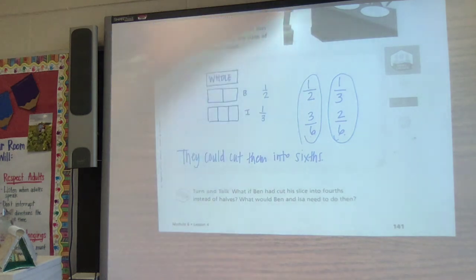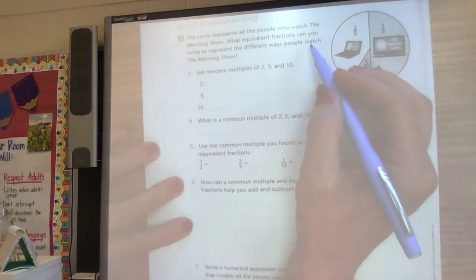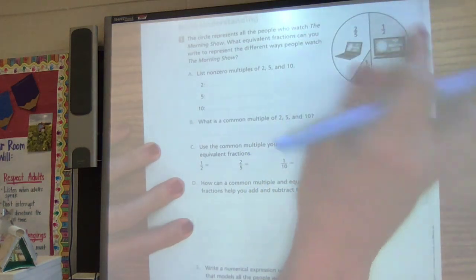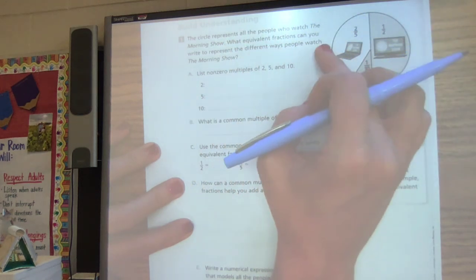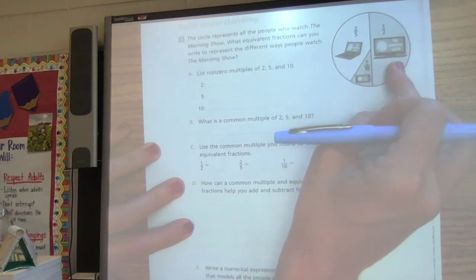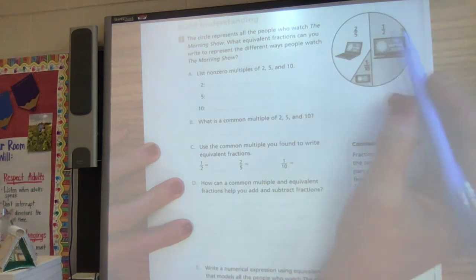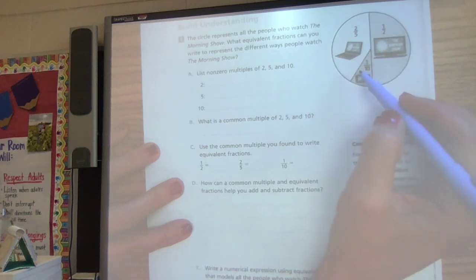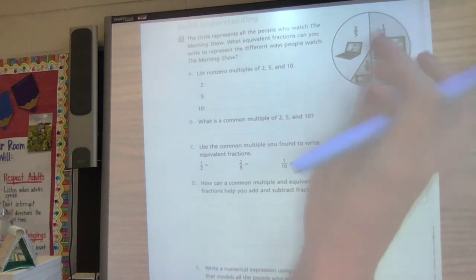Okay, if we look at page 142. The circle represents all the people who watch the morning show. What equivalent fractions can you write to represent the different ways people watch it? So some people watch it on their computer, TV, or phone. 2/5 do the computer, 1/2 does the TV, 1/10 does their phone.